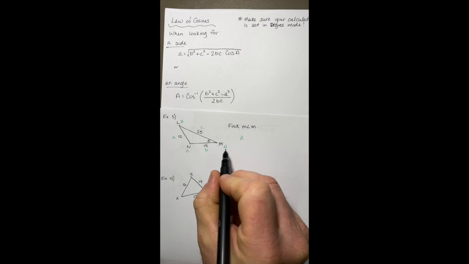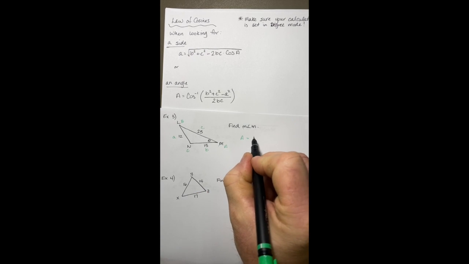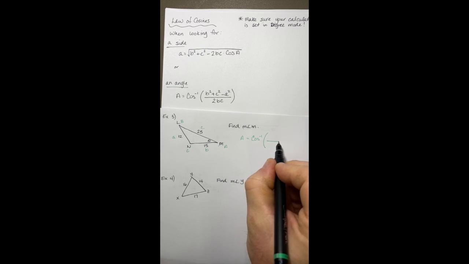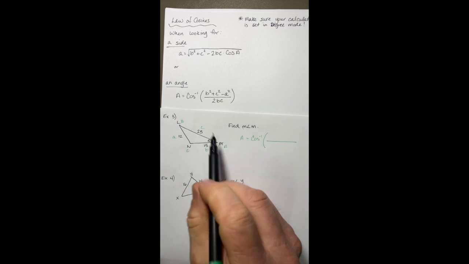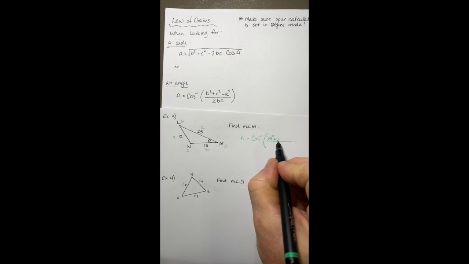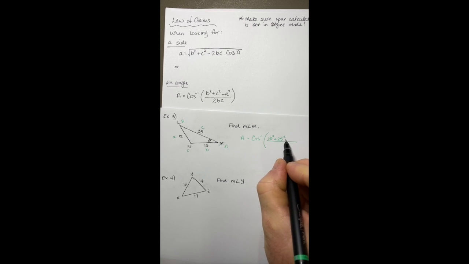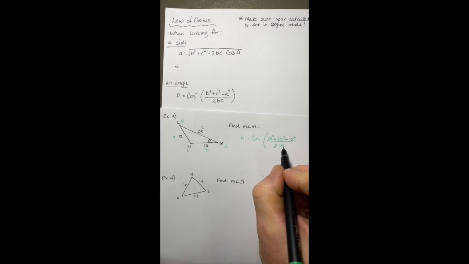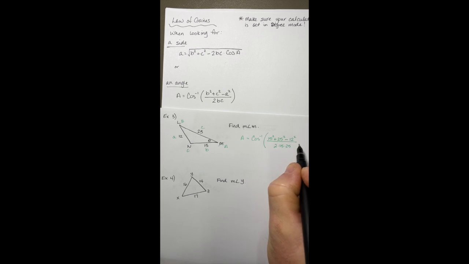So angle A equals inverse cosine of b squared, so 15 squared, plus c squared, which is 25, minus a squared, all over 2 times b times c.